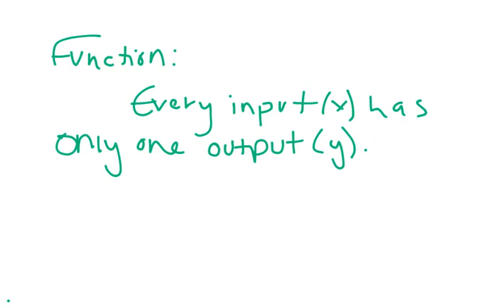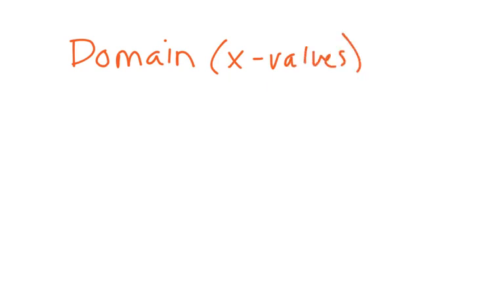So the next thing that we are going to talk about is domain and range. And so kind of mentioned in this part here when we talked about x's and y's, your domain are your x values. And so when we're talking about the domain of a graph, let's say that the graph for some reason is this one here.